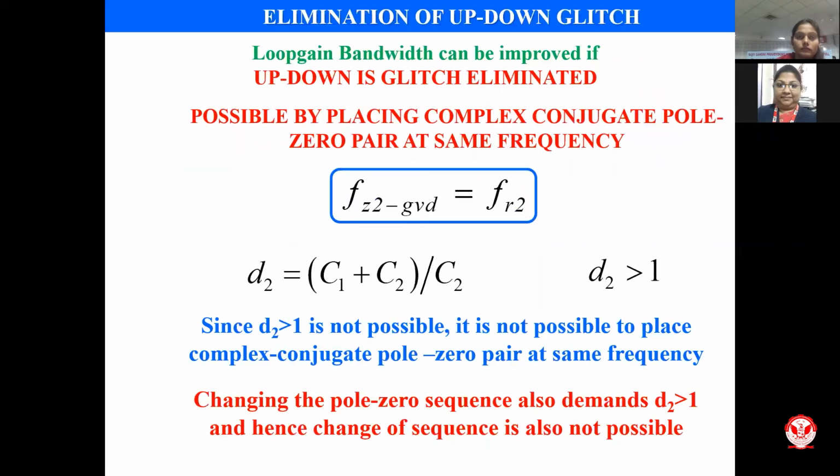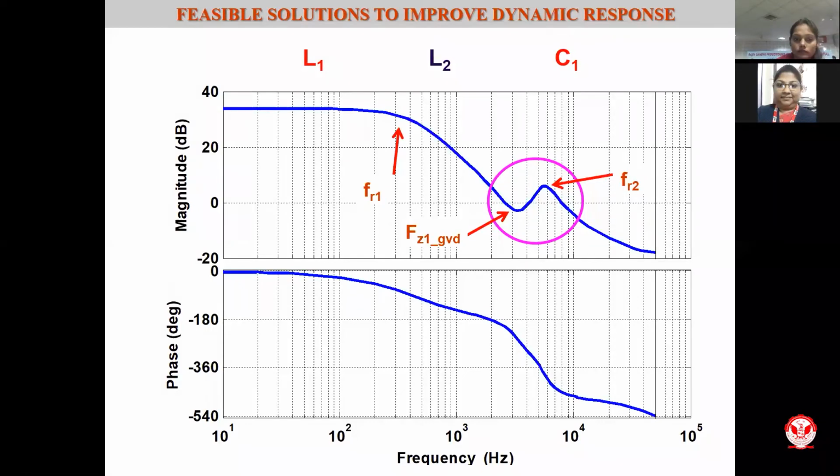So this is all mathematics that will eventually tell you what can be done and what cannot be done, and these can be converted into either the constraints or your objective functions for implementing your optimization techniques for solving the problem. So this is the feasible solution, that you shift all this towards the right hand side.